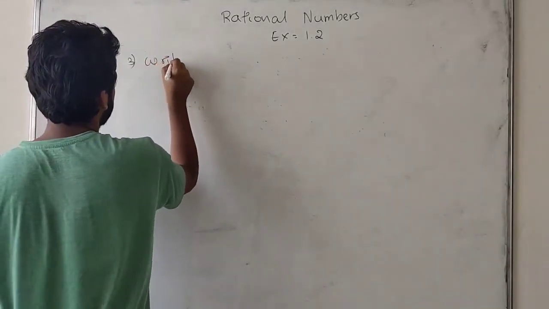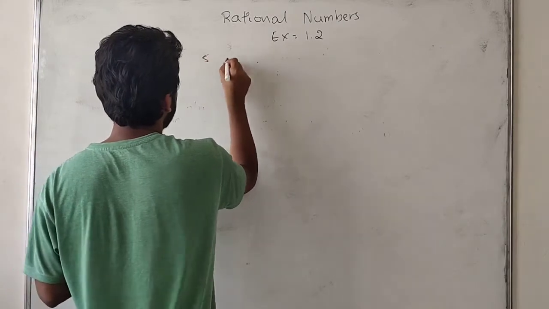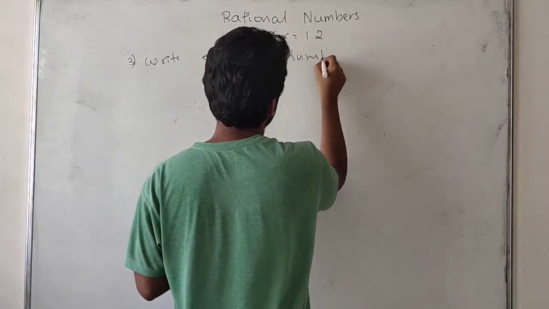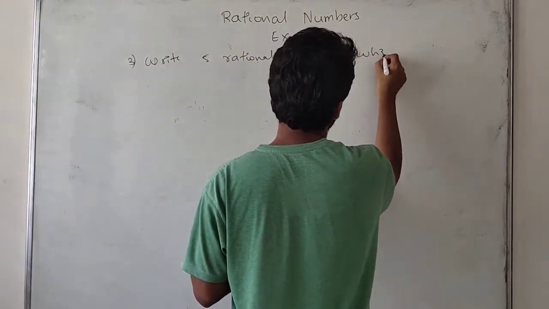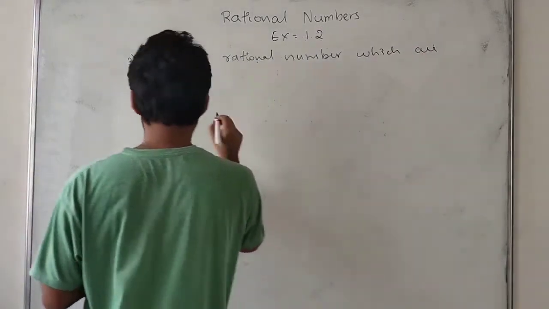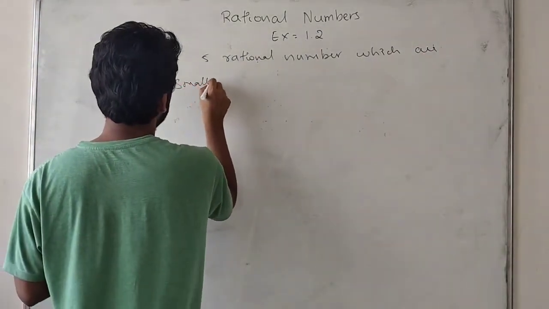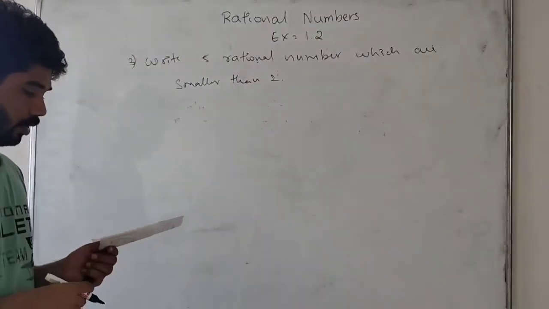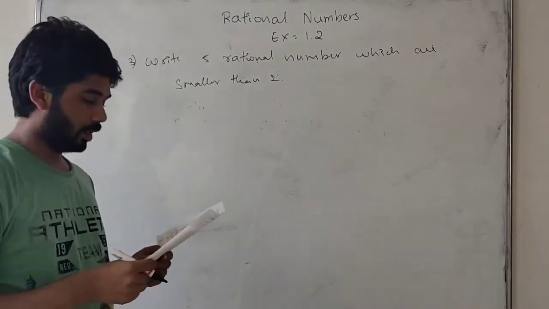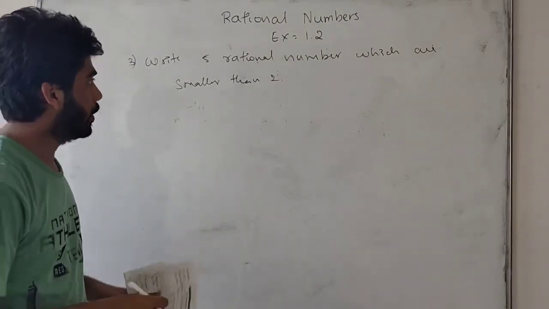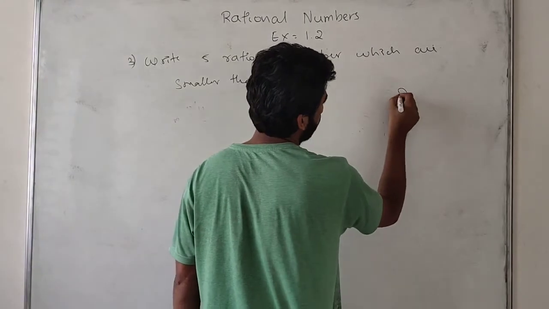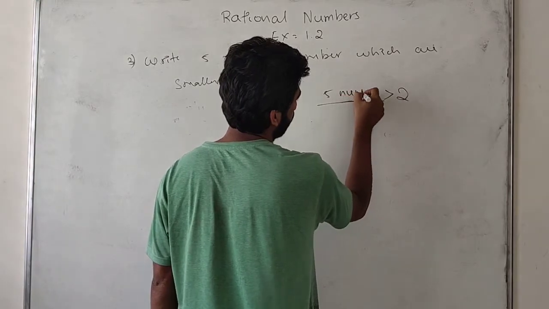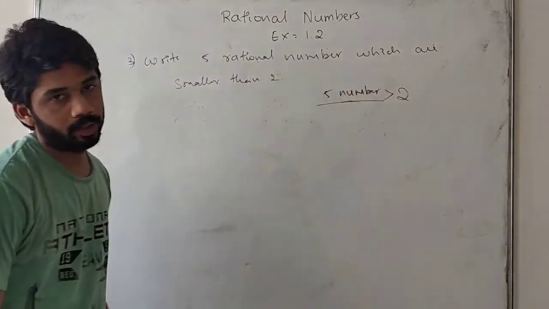Okay students, here we have to write rational numbers which are smaller than 2, meaning numbers less than 2. We have to write 5 numbers.